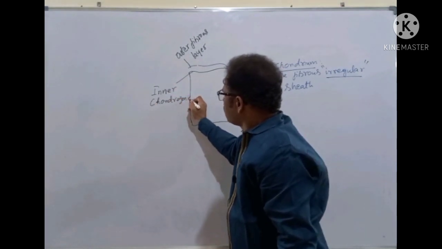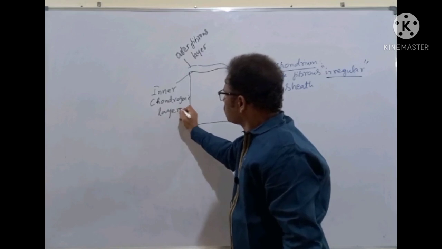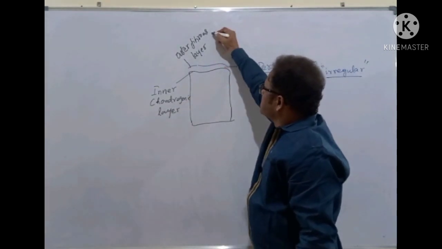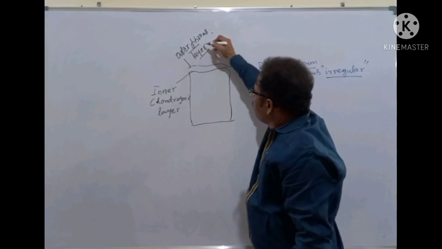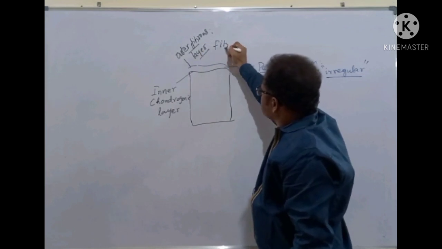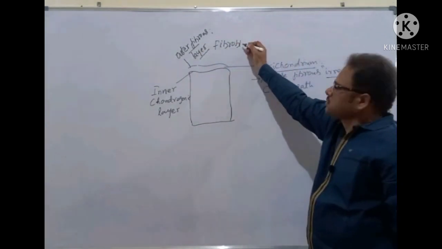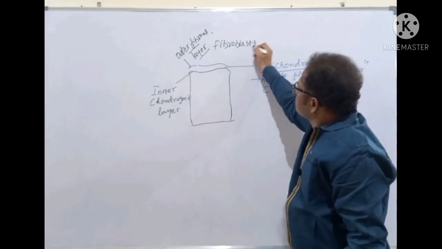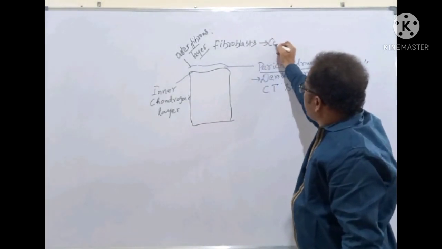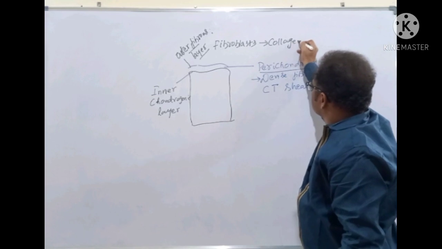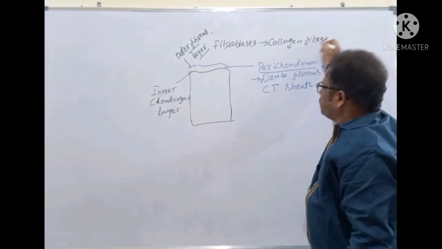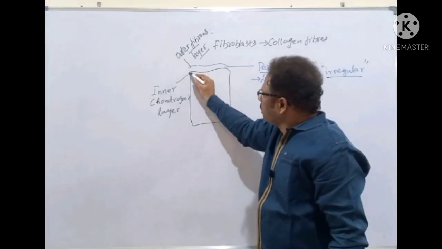The outer fibrous layer contains fibroblasts, which secrete the collagen fibers.